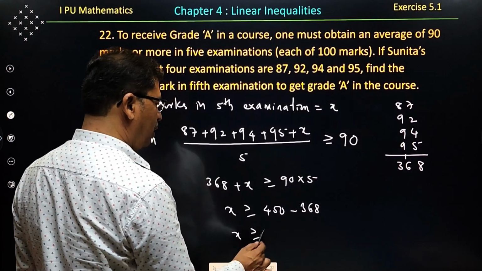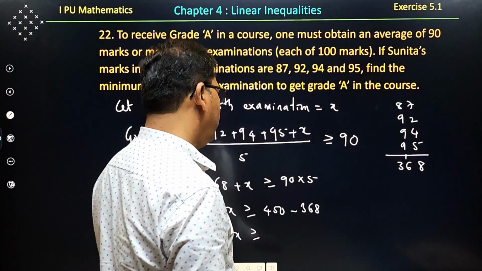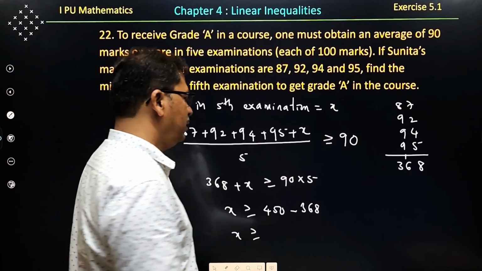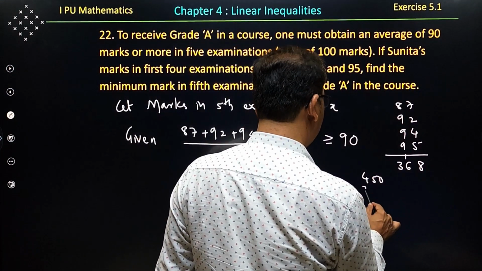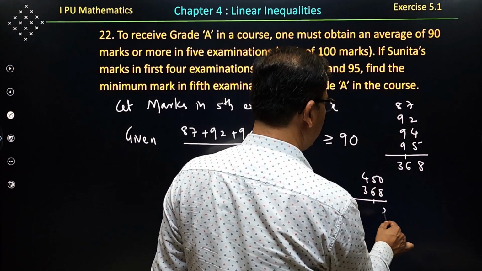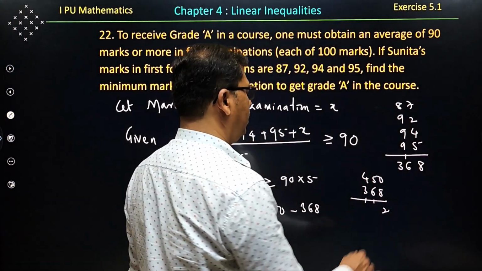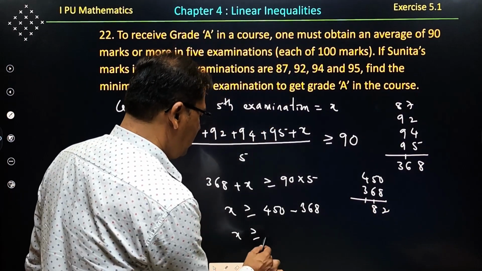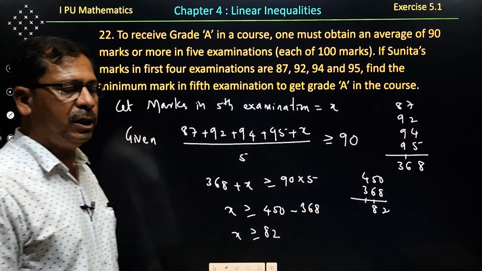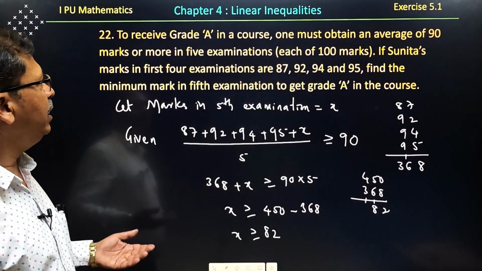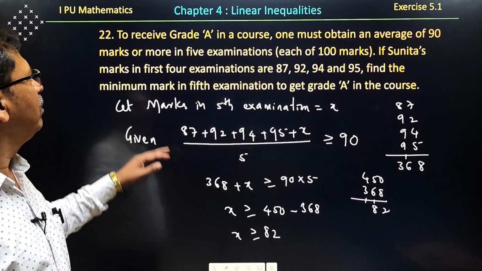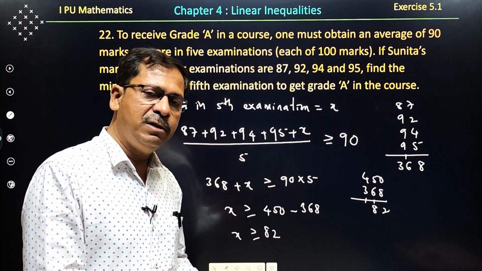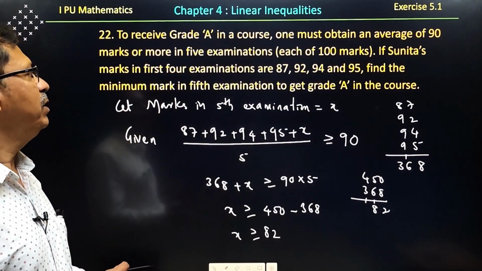What will we get? 10 minus 8, 2. 15 minus 7 is 8. So this is 0, we get 82 here. So in order to get an average of 90 or more in 5 examinations, Sunita should get a minimum of 82 marks, at least 82 marks in the 5th test. This is the solution for this.